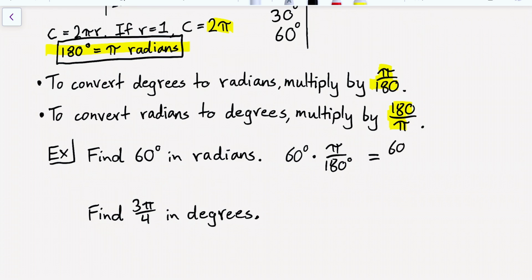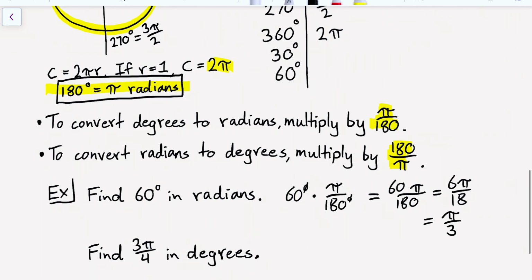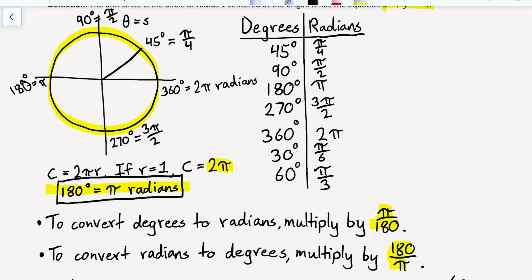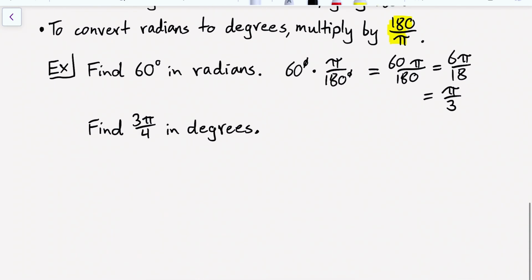This is 60 pi over 180. Degree measures will cancel out here, or divide out. So that's the same as 6 pi over 18, which is the same as pi over 3. So 60 degrees in radians must be pi over 3. We can add that to our chart. 30 degrees will be half of that, so that will be pi over 6. So we have a completed chart here of degree and radian measure.